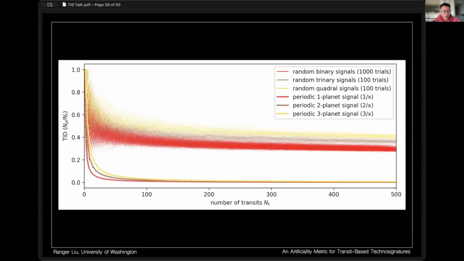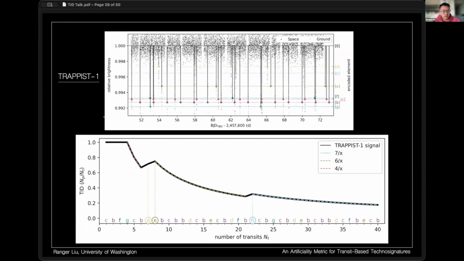So to apply the multivalent TID, we did a very simple test analysis on the TRAPPIST-1 system, which is extremely multivalent. It's got 7 planets. So we used orbital parameters that were given in the 2017 Nature paper on TRAPPIST-1 to turn some transit data here into a quantized signal of each of those transits. And then we calculate its TID behavior in this graph here.